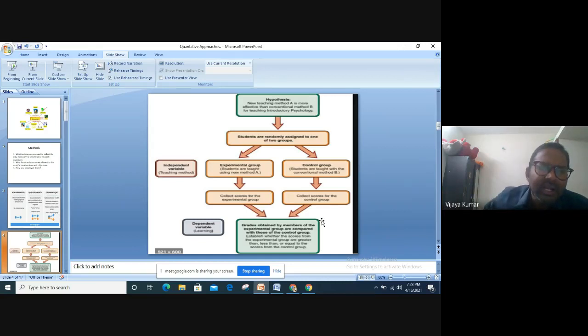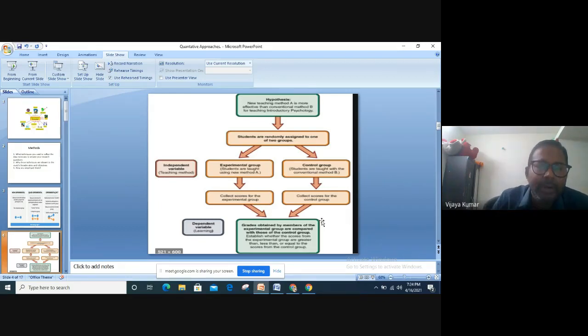So this is a rough outline of experimental research design, or we call it intervention research. But this intervention research has many permutations and combinations. Certain combinations are supposed to be weak and certain combinations are supposed to be strong. So we have had a generic example of applying experimental design.